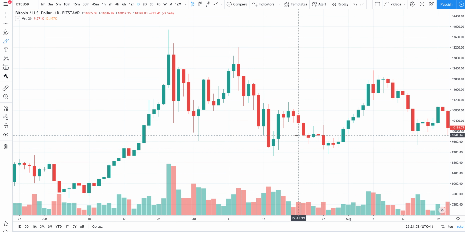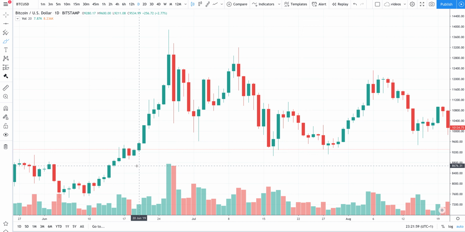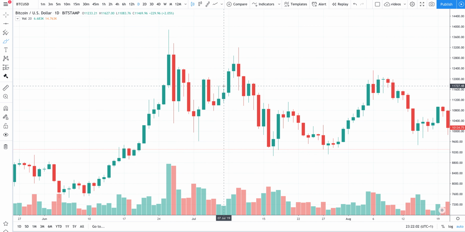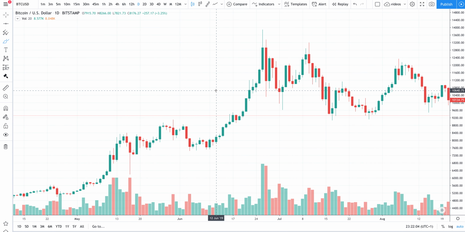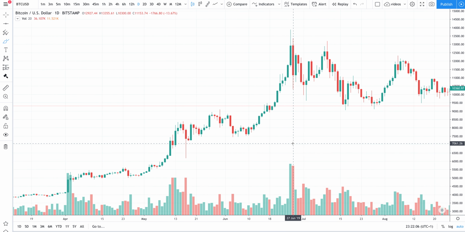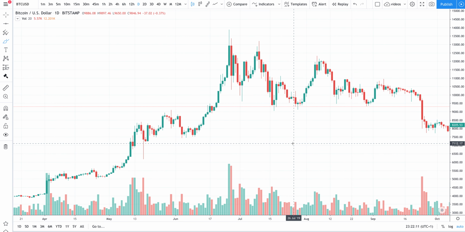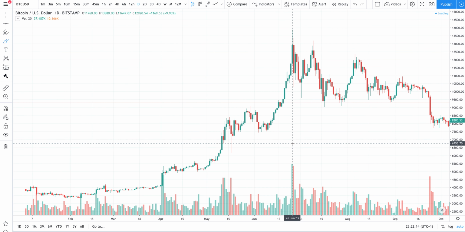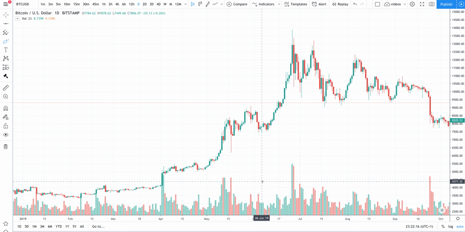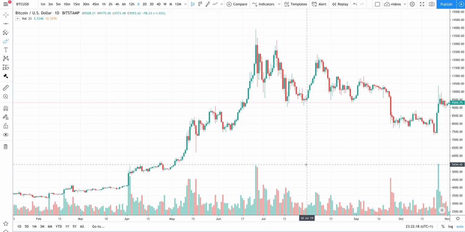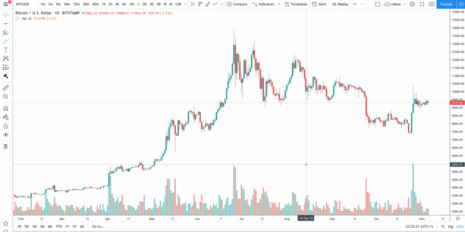Now, another important step is to understand the trend. Of course, it's important to understand if we are in a bull trend, so in a bullish trend, when prices will go up on average, or in a bearish trend where price tends to go down.